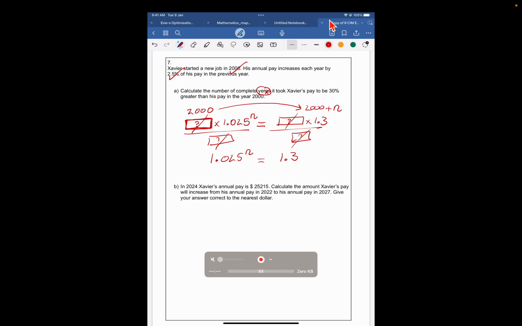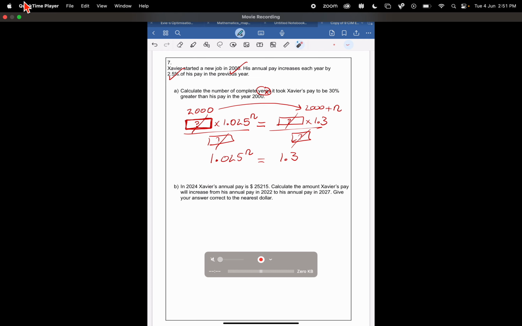Okay, so these are called multipliers, and on the right hand side we have an increase by 30%, so the multiplier is 1.3, and here we have a yearly multiplier of 2.5%, but obviously compounded to n years. We have to solve this equation. Now, because it's a calculator paper, we're just going to go straight to our calculator, right?